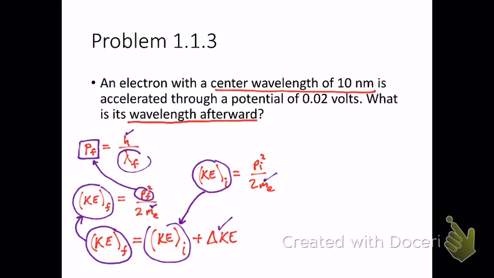And now we also need the initial momentum, but we can get that using the equation P I equals h over lambda I. That's de Broglie's relation, and we know the initial wavelength and Planck's constant.